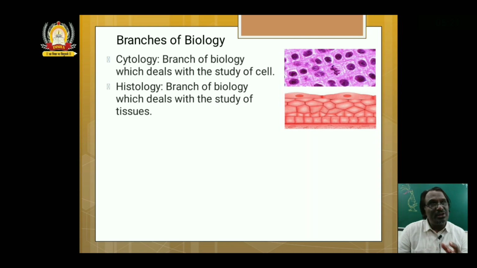They join together to perform a similar function. Such a group of cells is called tissue. Study of tissues, plant tissues, animal tissues: plant histology, animal histology. So histology is a branch of biology which deals with the study of tissues.